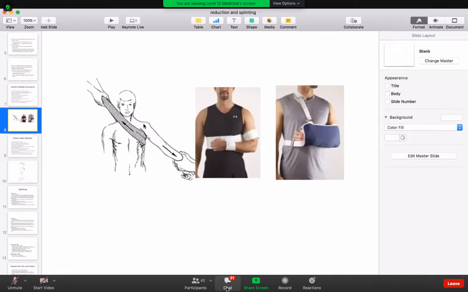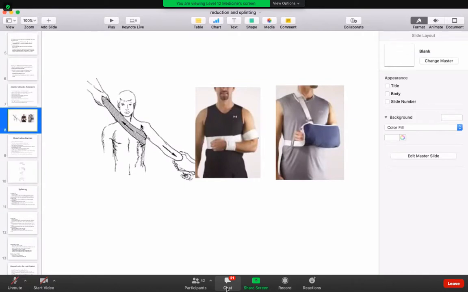So now the humeral head is being pulled till you reach the level of the joint. And then once you reach the level of the joint, sometimes you can feel it or you can hear a pop. Then you can reduce the joint. So let's say if we have abduction external rotation as the mechanism of injury of anterior shoulder dislocation.